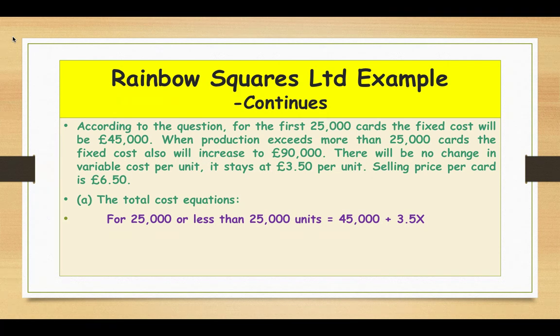So the total variable cost is 3.5x. So our total cost equation for up to 25,000 units is 45,000 plus 3.5x. If you're going to produce more than 25,000 units, our total cost is going to be the fixed cost, which is 90,000, plus 3.5x. So these are the total cost equations.